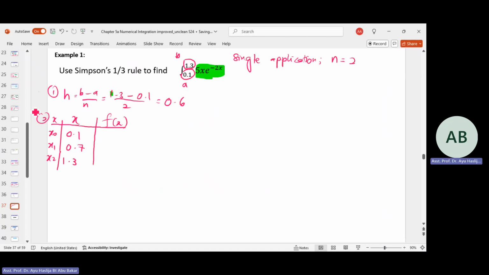Then substitute the x values into the equation of this. This is your fx. You can set the equation in the calculator, then just input the x value. It will be faster.